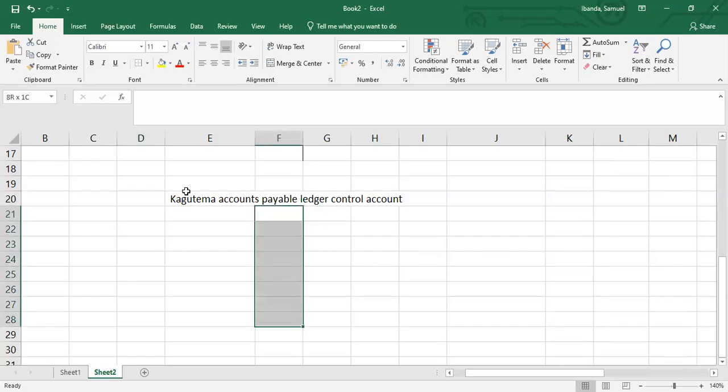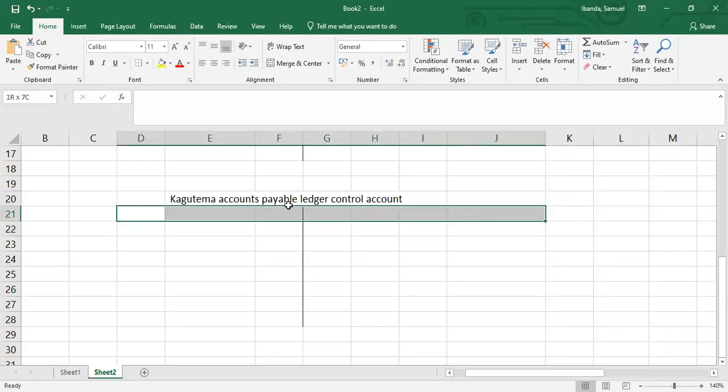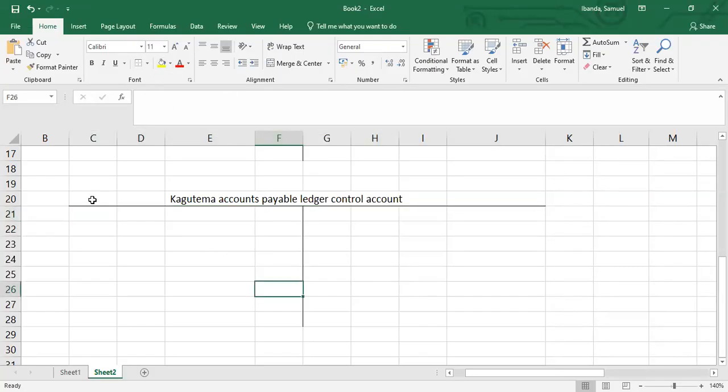So I'll basically draw my lines there. So that is what I basically have.